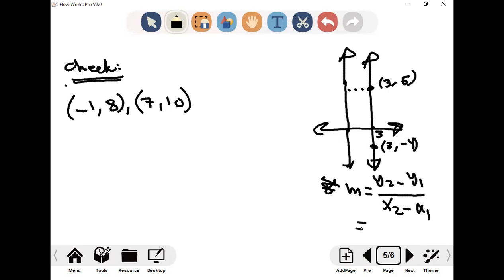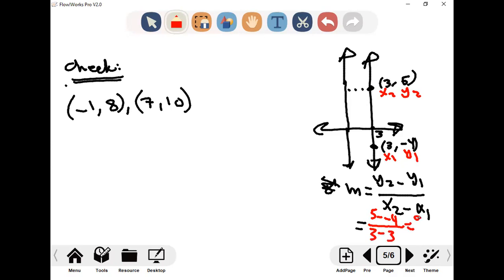This is not a function. How many times do I have to repeat that a vertical line is not a function? Fine. Now, here x1, y1, x2, y2. Apply the formula: y2 is 5 minus 4, right? 5 minus 4 over x2, which is 3, minus x1, which is 3.